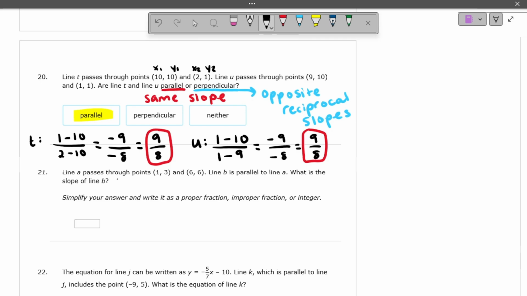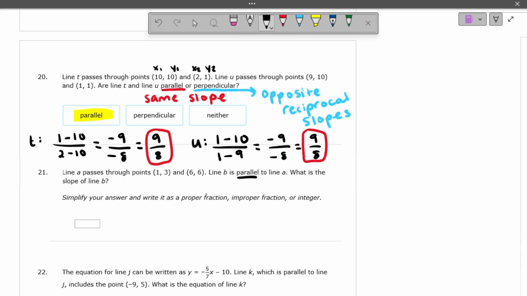So now moving on to 21. Line A passes through the points 1, 3 and 6, 6. If line B is parallel to line A, what is the slope of line B? So from the last problem, we can recall that parallel means they have the same slope.